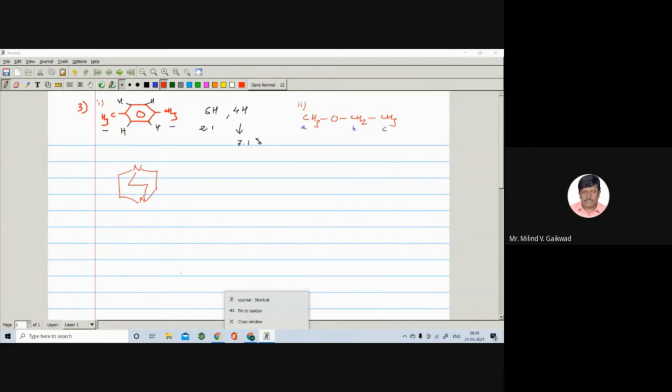Here is a nitrogen. Here is CH2. All hydrogens are the same. CH2, CH2, CH2, CH2, CH2 and CH2 means 1, 2, 3, 4, 5, 6. 6 into 2 means 12. Due to 12 hydrogen, you get one signal. In this way you have to find out the sets of proton.